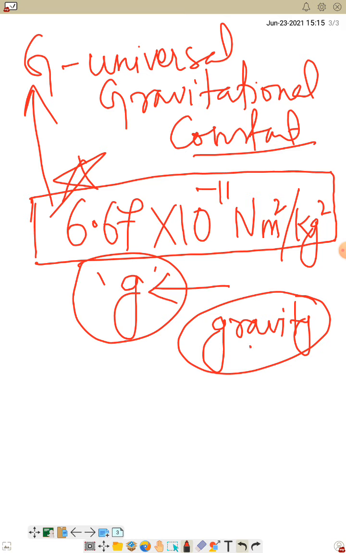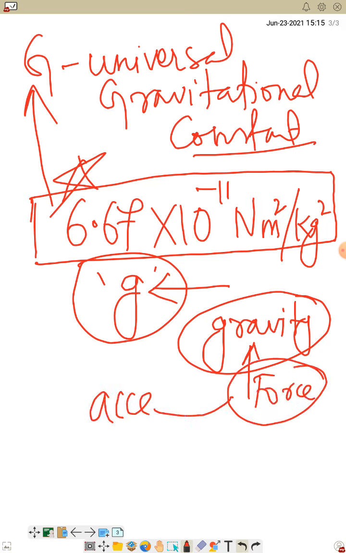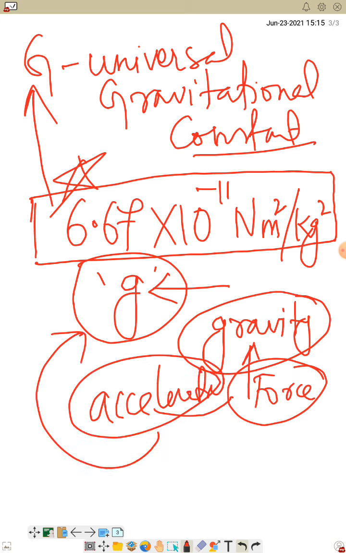So this gravity is the force which is causing the acceleration on the body, called acceleration due to gravity. The acceleration that happens because of gravity, there is a change in the velocity due to gravity, the force by which a body is pulling another body, or you can say an object is pulling another object.